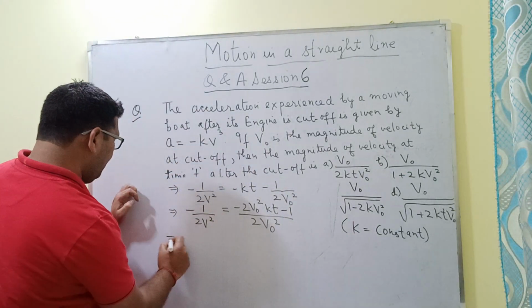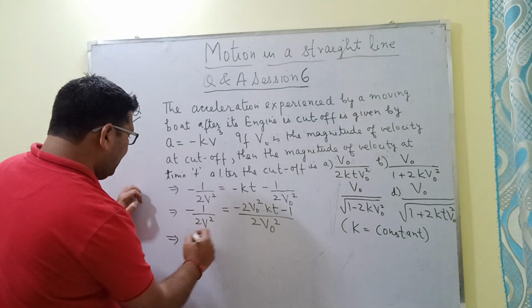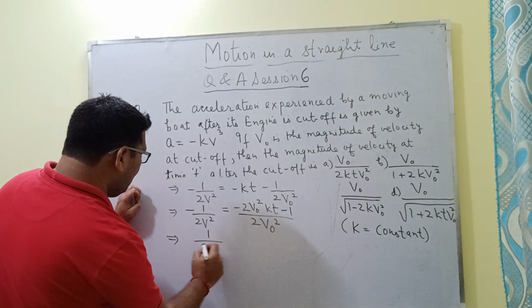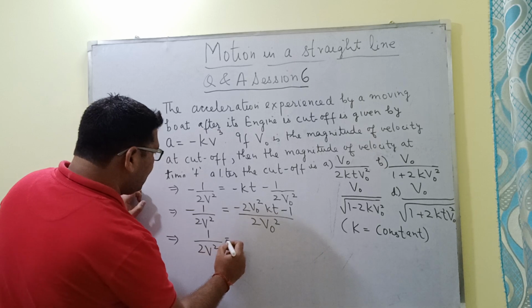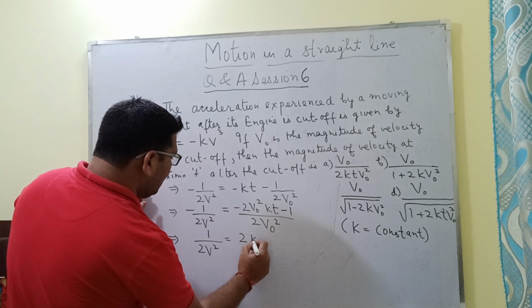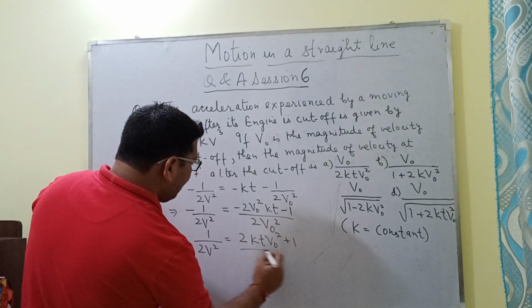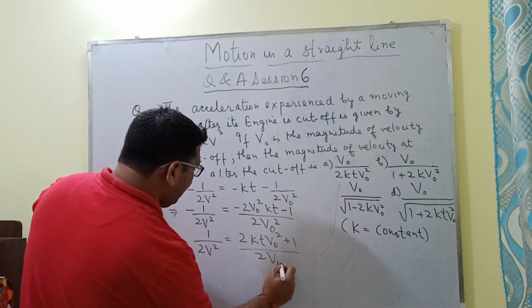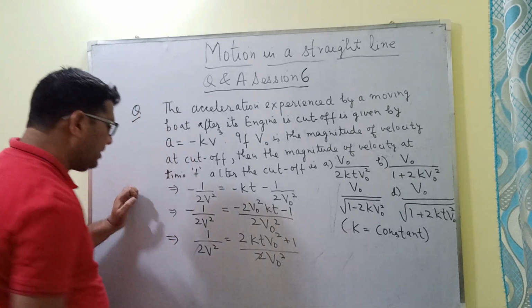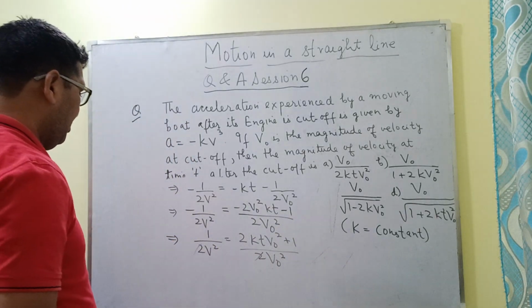So this can be written as 1 by 2 v square is equal to 2 kt v naught square plus 1 divided by 2 v naught whole square. So 2 and 2 will get cancelled out here. Okay.